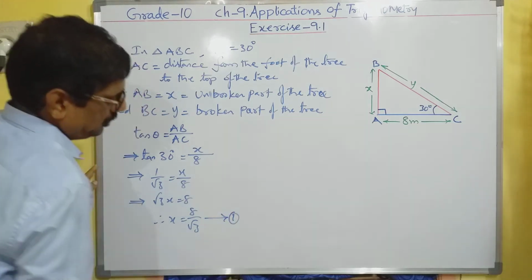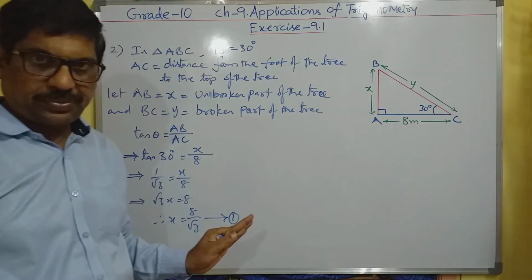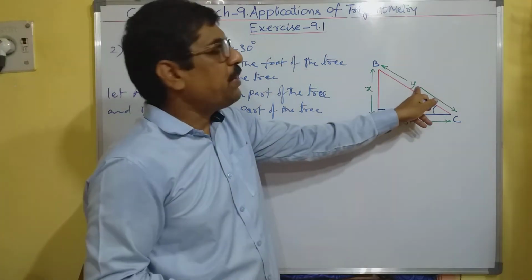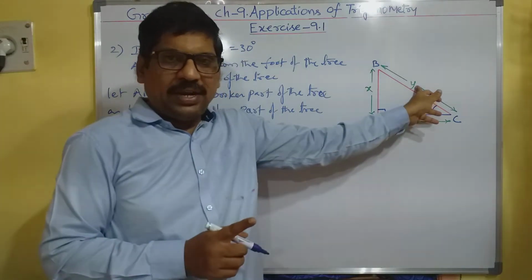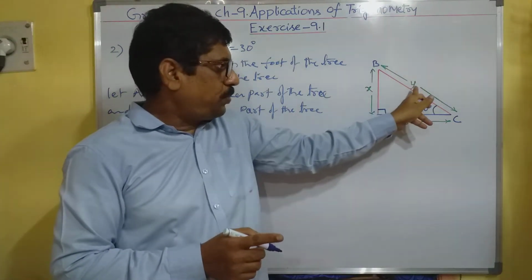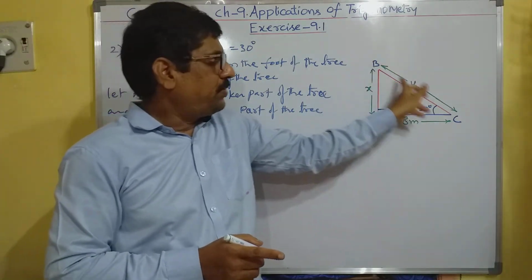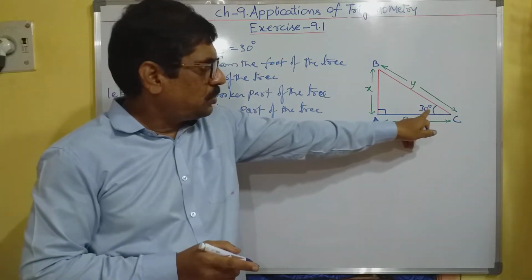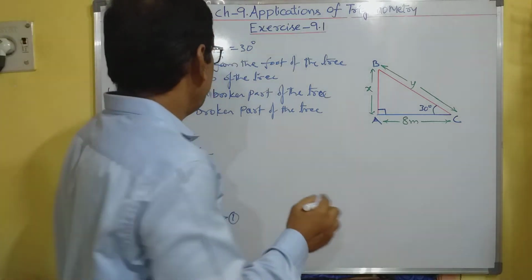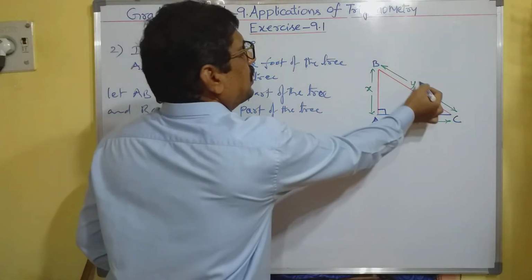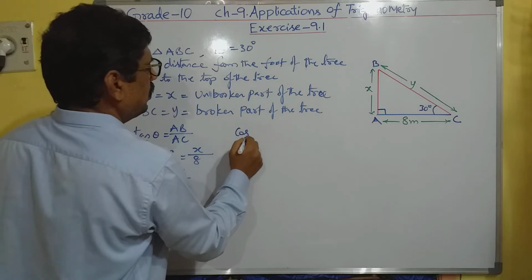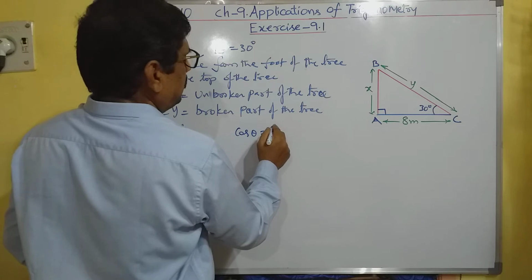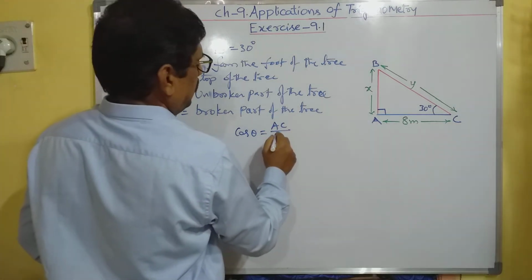Say this is 1. This is the first part of the problem. Let us do the second part here itself. Now we need to find the y value. As per this position, what is y? y is the hypotenuse, and the known value is adjacent to 30 degrees. So we have to take adjacent and hypotenuse, which is cos. Cos theta is equal to adjacent AC by BC.